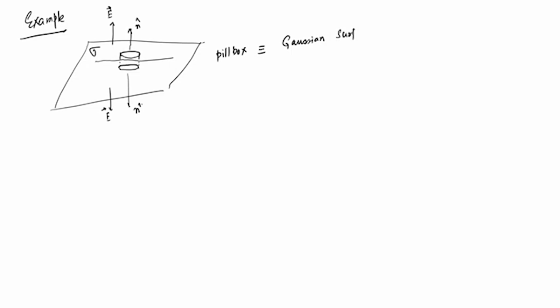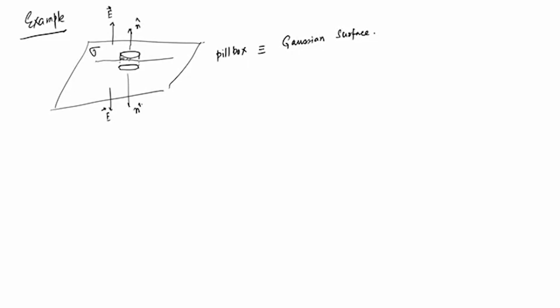The whole point about this surface is that it is a closed surface such that we can apply Gauss's law, and because it is a uniform charge density, the charge that is enclosed contains that same charge density sigma. So, the integral of E dot ds is equal to q enclosed over epsilon 0, which is sigma into A, where A is just the top area of the pillbox.